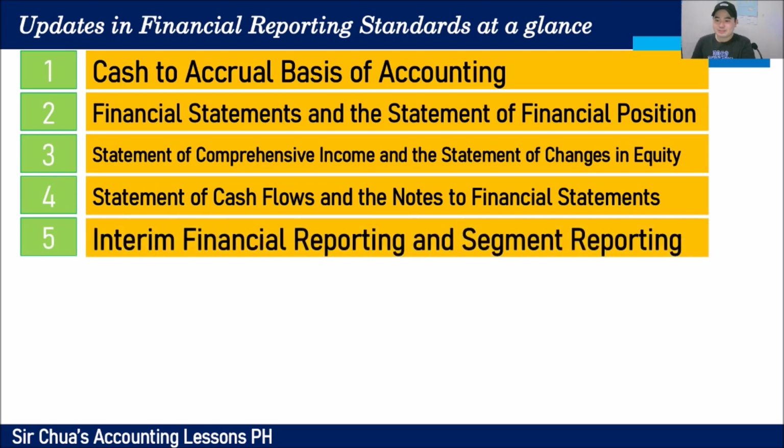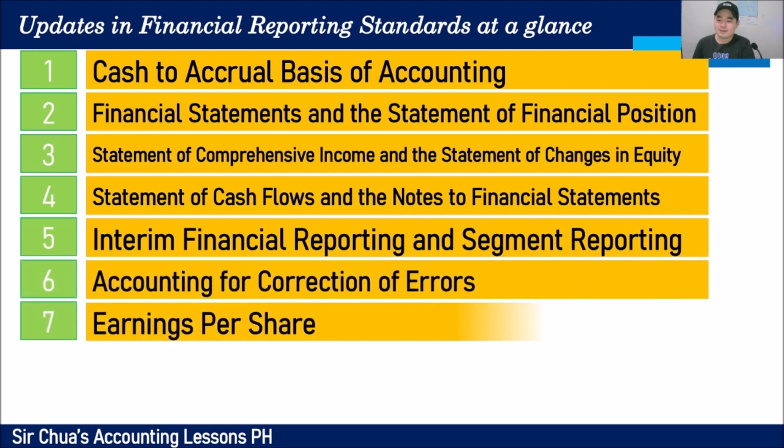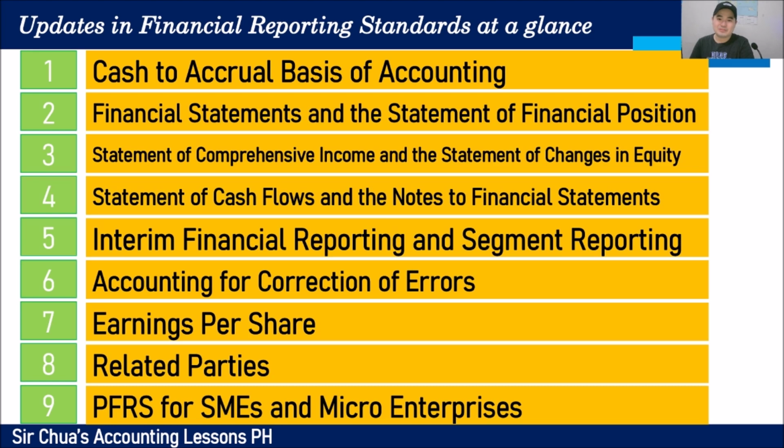We will also be discussing interim financial reporting and operating segments or segment reporting, and then accounting for correction of errors, and then earnings per share, related party transactions and disclosures, and the Philippine Financial Reporting Standards for small and medium-sized entities, and PFRSs for micro enterprises. Okay, so I think we're ready to talk about them one by one.